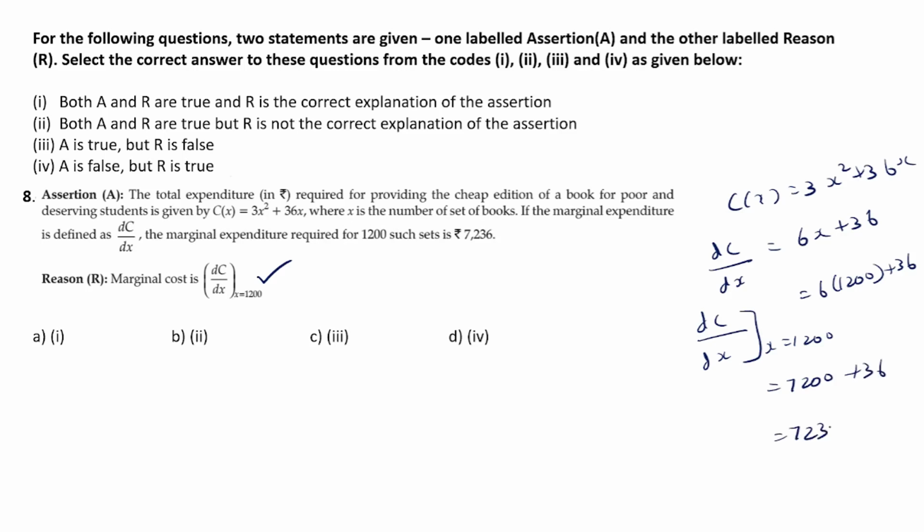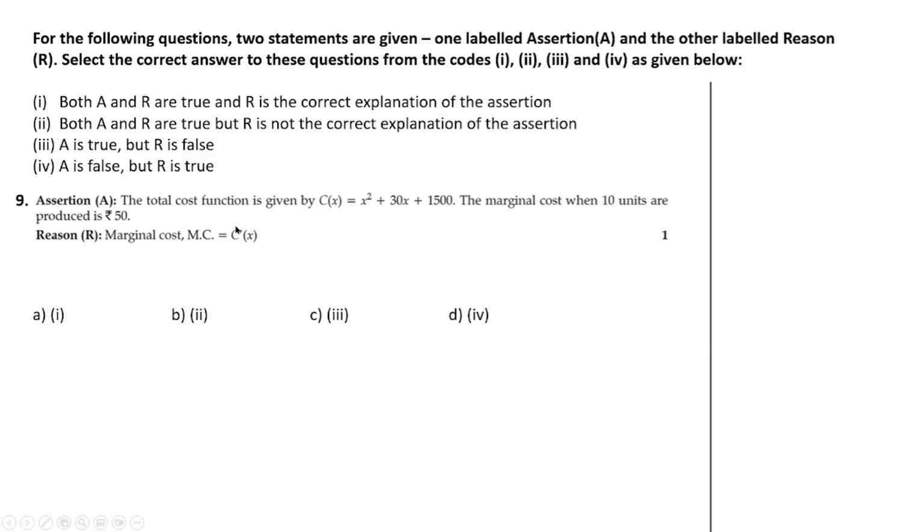It is 7236. So the marginal expenditure required is rupees 7236. So the assertion is also true, and the reason is the correct explanation of the assertion. So the correct option is option A.